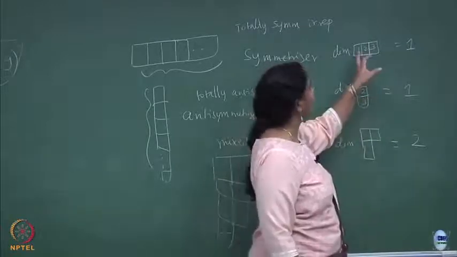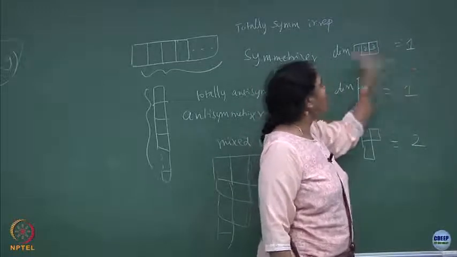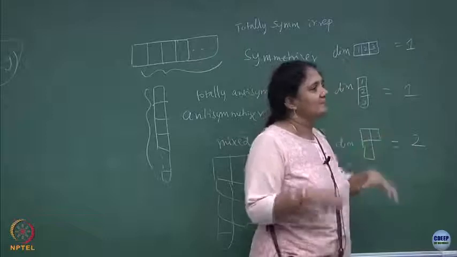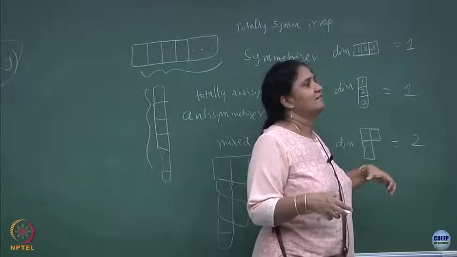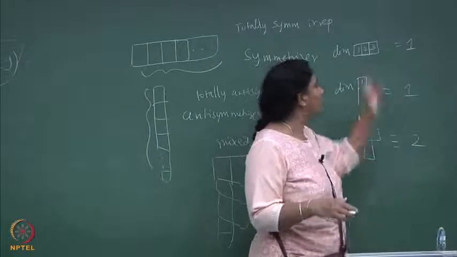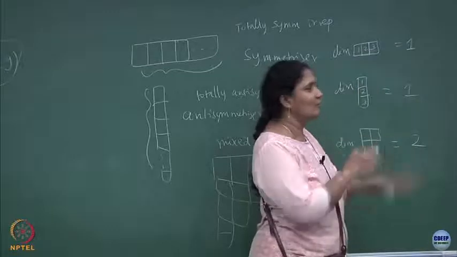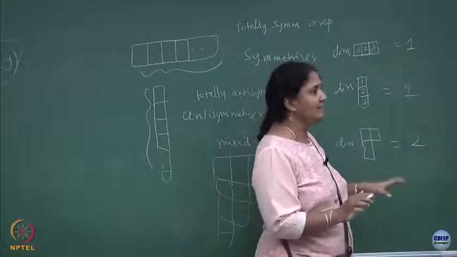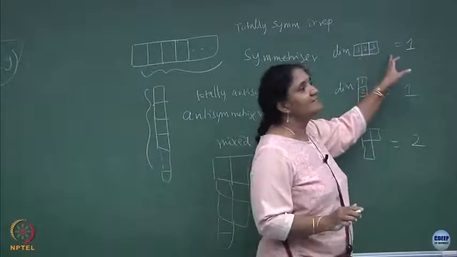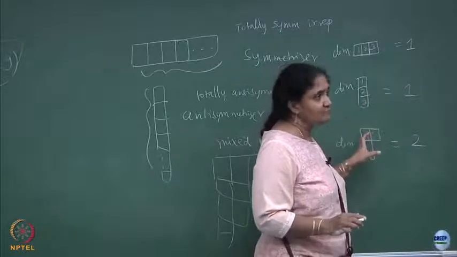You will ask, can I not put object 3 here, object 1 and object 2? But it is a totally symmetric, or you can take it to be identical objects. You are doing total symmetry. Whether you call the first box, second box, third box, or third box, first box, second box, does not really matter, because it is totally symmetric. Similarly, the same thing, this is the only option.